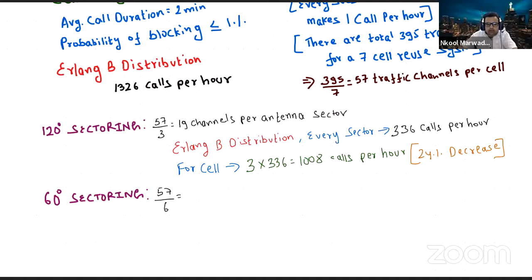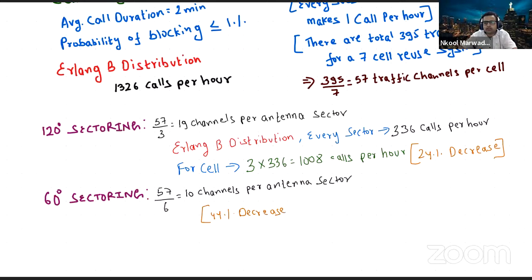Around 10 channels per antenna sector. And when you apply the Erlang distribution and do all the calculation, you will see a 44% decrease in the trunking efficiency.